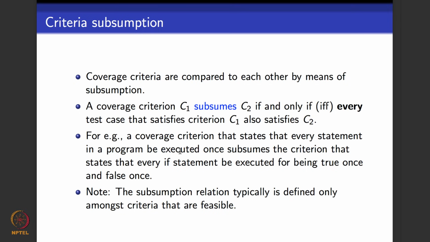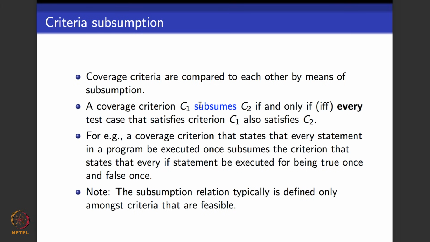Another coverage criterion says that you design a set of test cases which will execute every branch, for the then part and for the else part, once, right? So how do I know which of these is better? And the work that I do for achieving one coverage criteria implicitly also meets another coverage criteria.